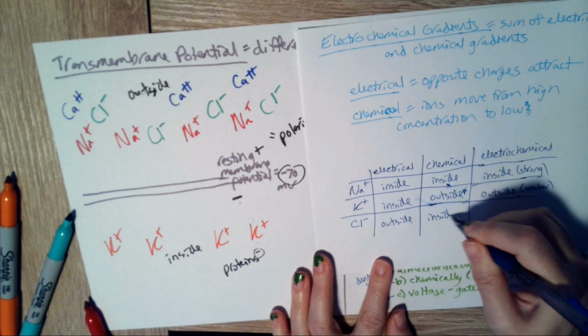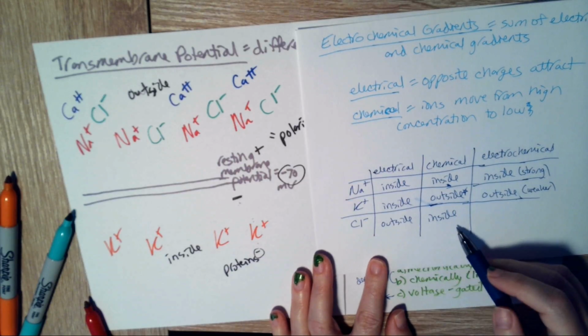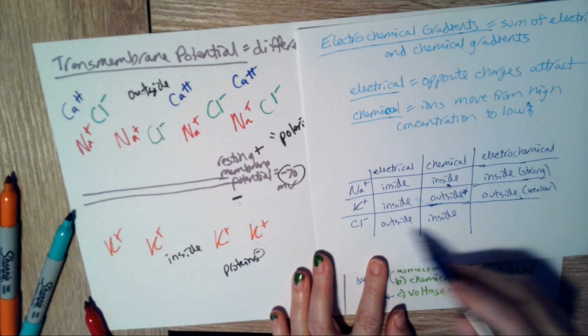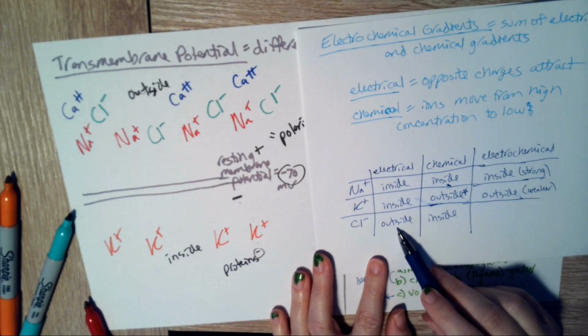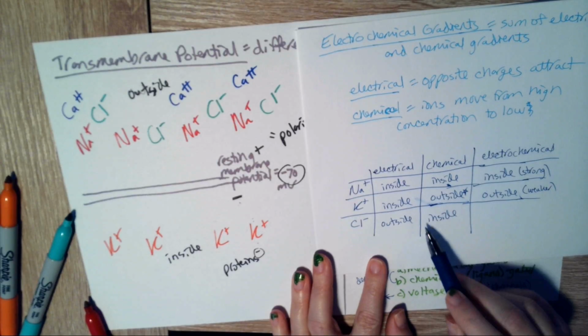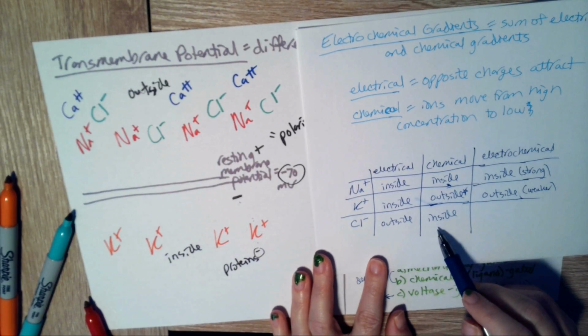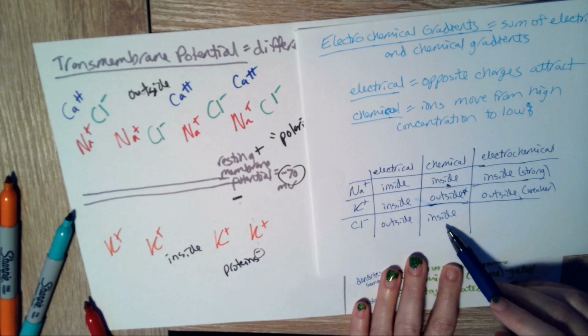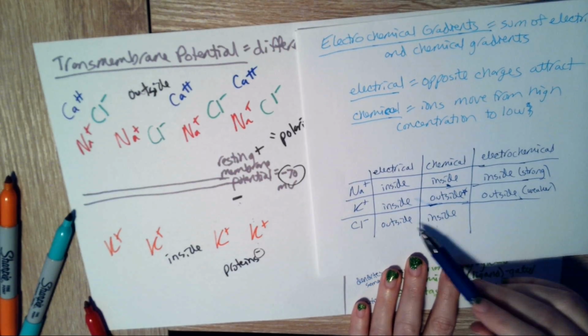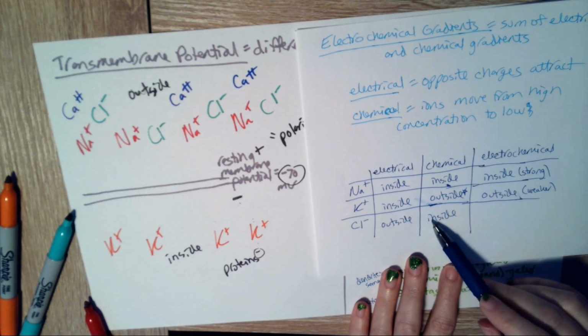And again, we have a situation where these two are conflicting with each other. So electrically, it wants to go outside or stay outside. Chemically, it wants to go inside. So which one wins in this case? In this particular case, they are exactly equal at resting membrane potential.